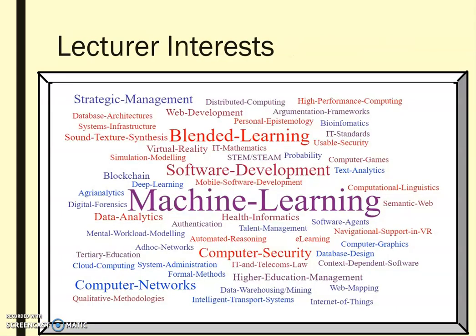So I put together a word cloud of the main areas people did projects in, and as you see, the big ones are machine learning, AI, computer security, computer networks, software development, of course, blended learning, which is e-learning, virtual reality, databases, of course, sound and audio processing, detecting emotion in sound, lyrics or in particular musical compositions, games, of course, computer games for sure, natural language processing, and graphics in general is another big one.